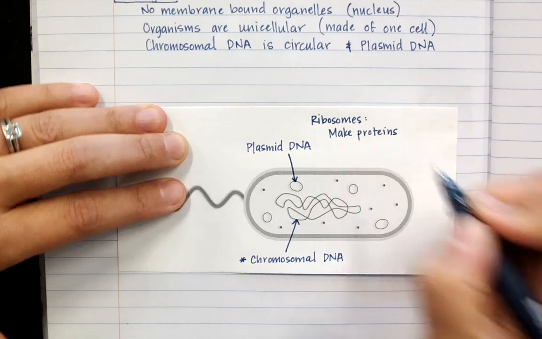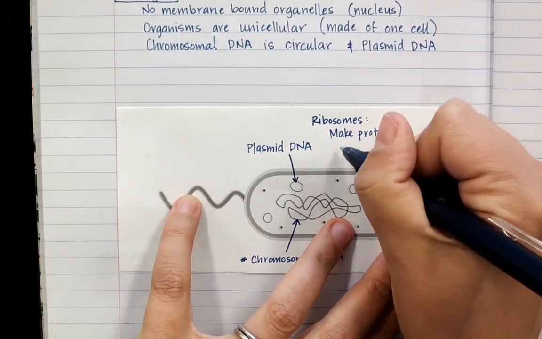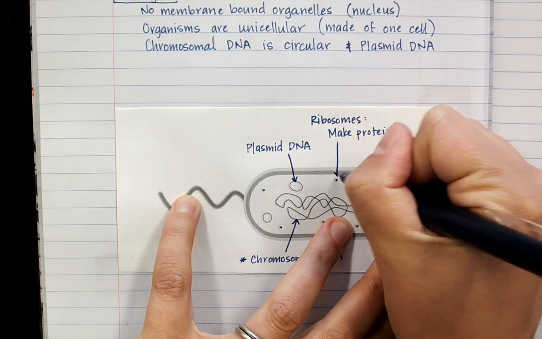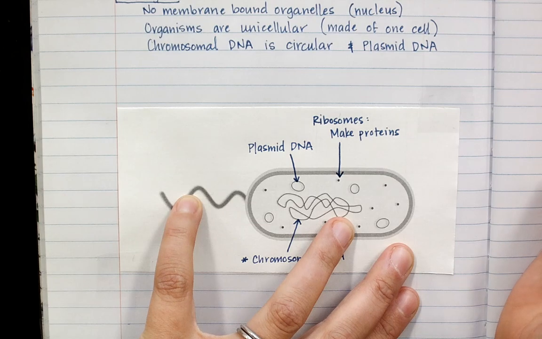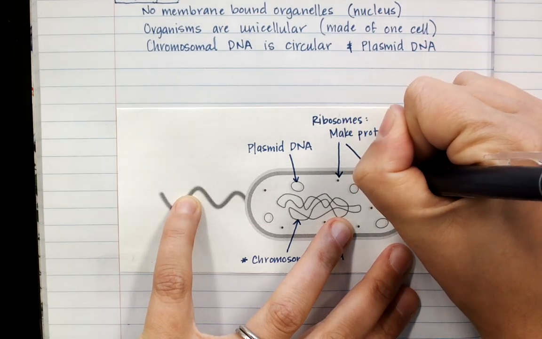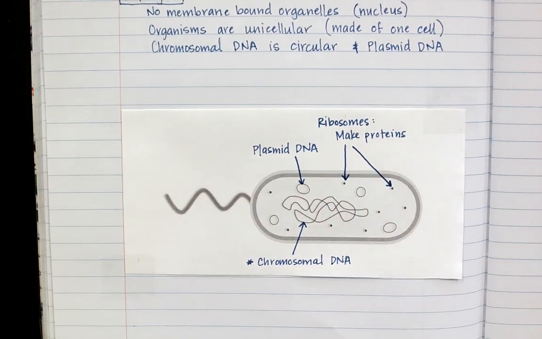And if you remember from our previous unit, proteins are the doing things of the cell. So all of your cells have their characteristics because they have specific proteins. If we didn't have ribosomes, we would not be able to make those proteins. Our cells would have no function, they would die.